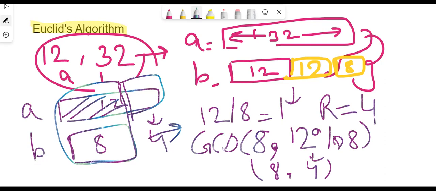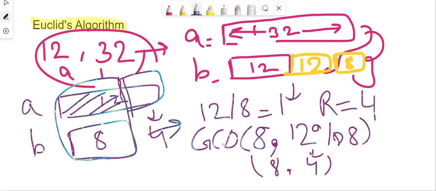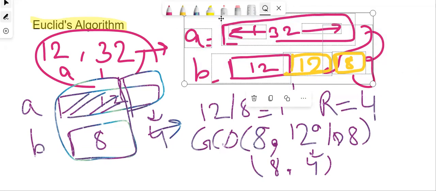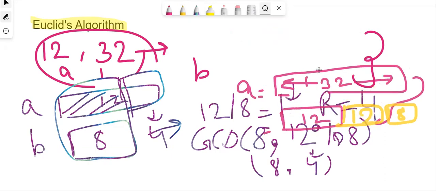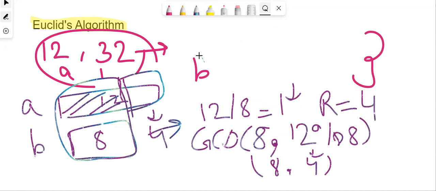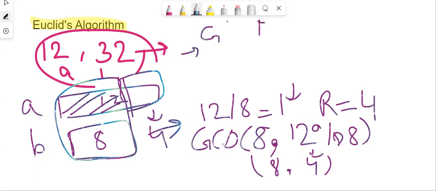So now what are we left with? Actually, let me take this off so that we have a good place. Okay, now we are left with GCD of 8, comma 4.